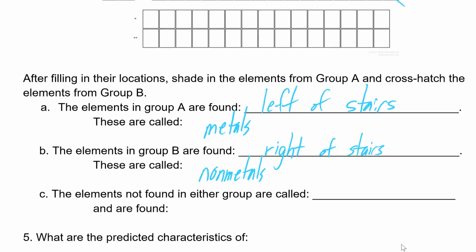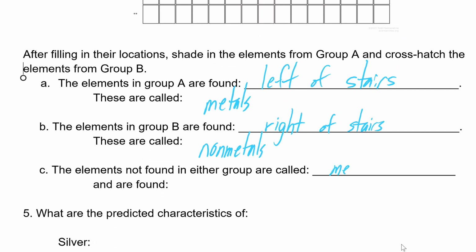And the elements that are found in neither group are called metalloids. Right? Silicon is this exception. And they're found on or near the stairs.